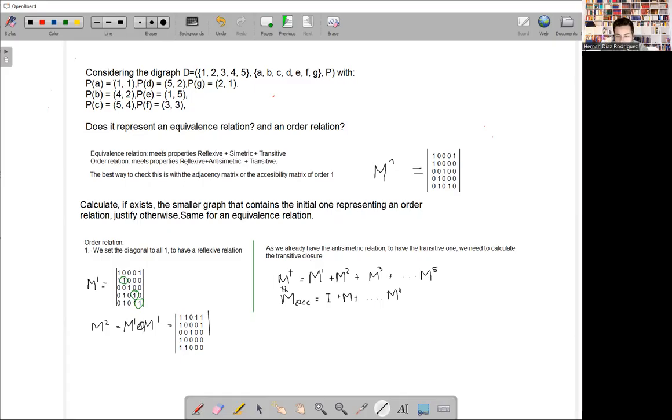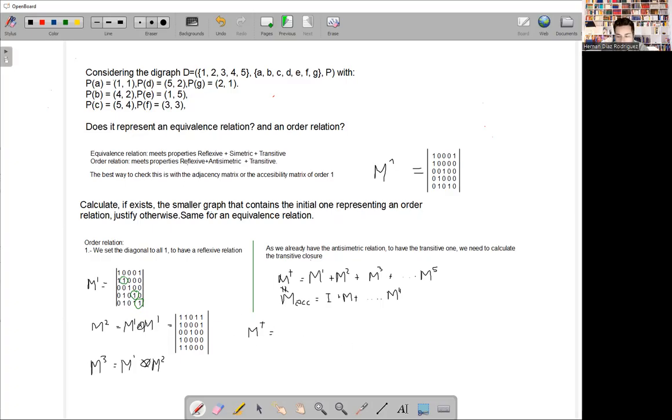Now, if we want to calculate M3, we only have to multiply M1 by M2. Right, and we proceed like this until we have all the matrices and we calculate the transitive closure.